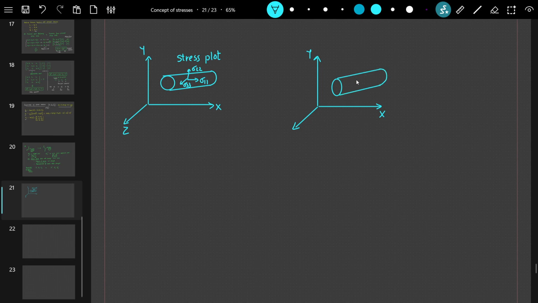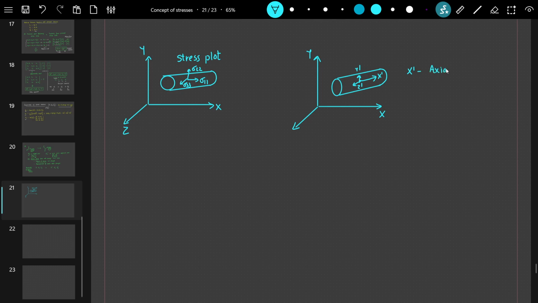We create a local coordinate system oriented something like this: x', and the other two in the plane of this cross section, this one and this one, y' and z'. So x' becomes axial.